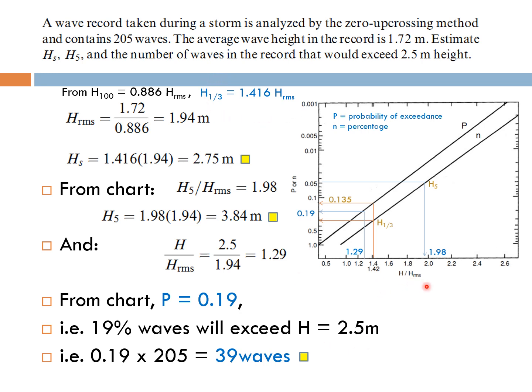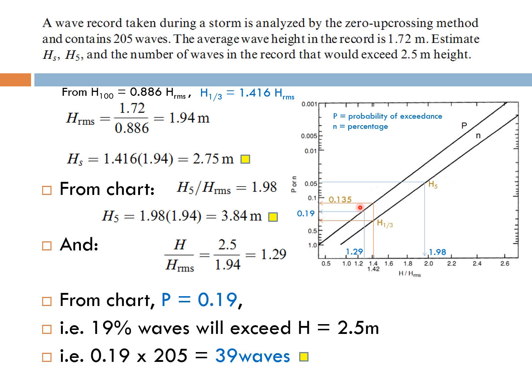And for H over H RMS equals 1.42, if we go all the way up to this curve, which is the probability distribution, and read across, we find that the value is 0.135.